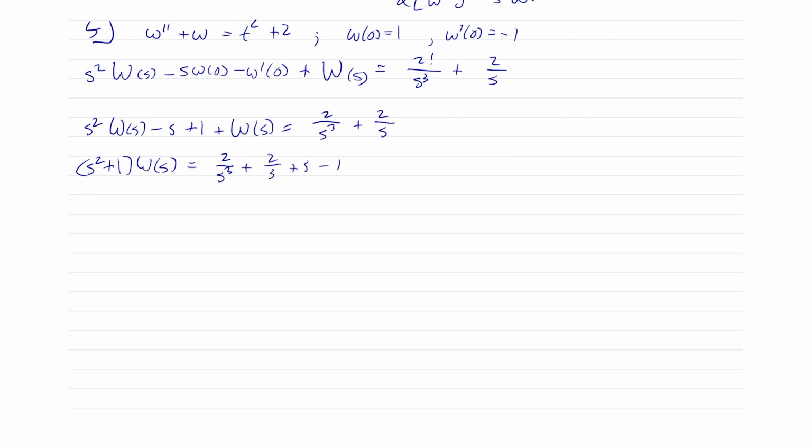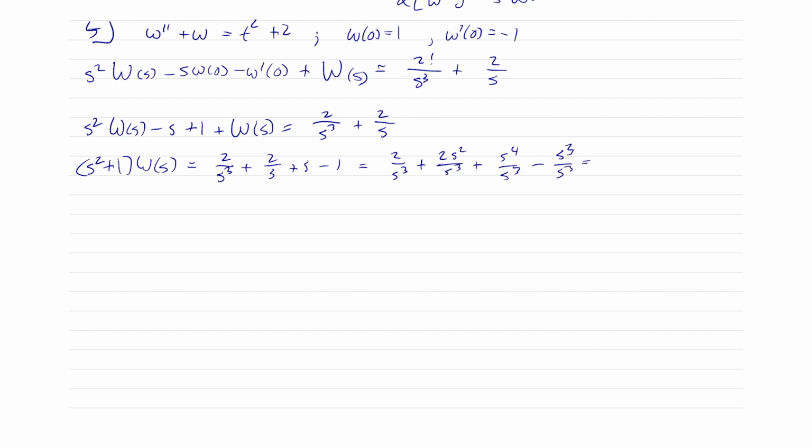plus s minus 1. And so now to find a common denominator, that common denominator is going to be s cubed. So we get 2 over s cubed plus 2s squared over s cubed plus s to the 4 over s cubed, and then minus s cubed over s cubed.